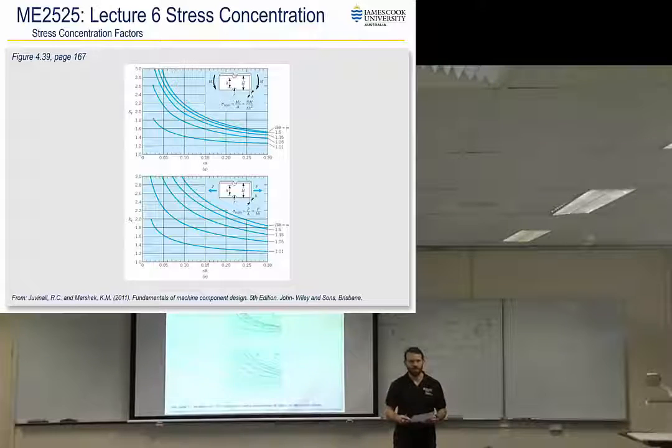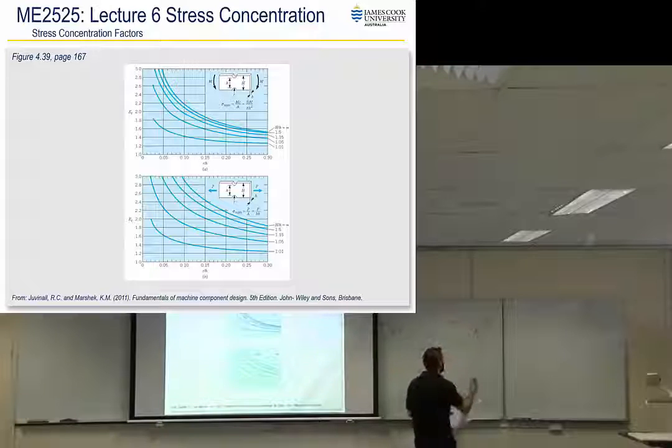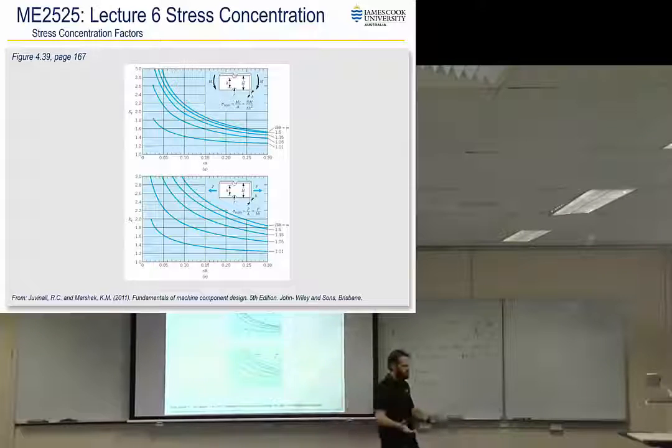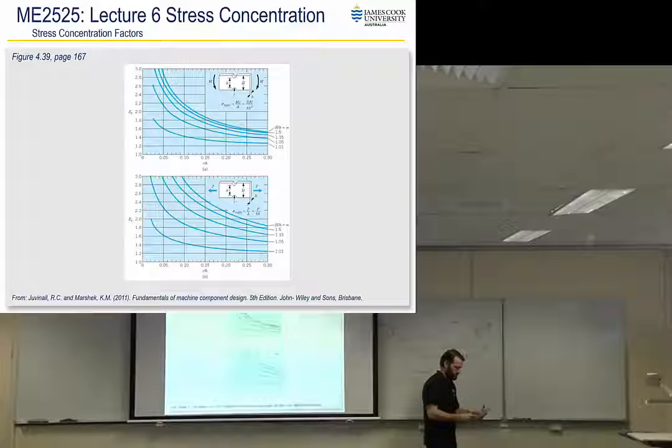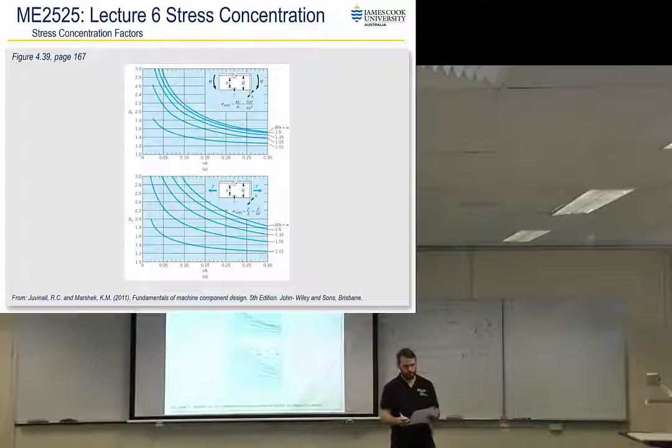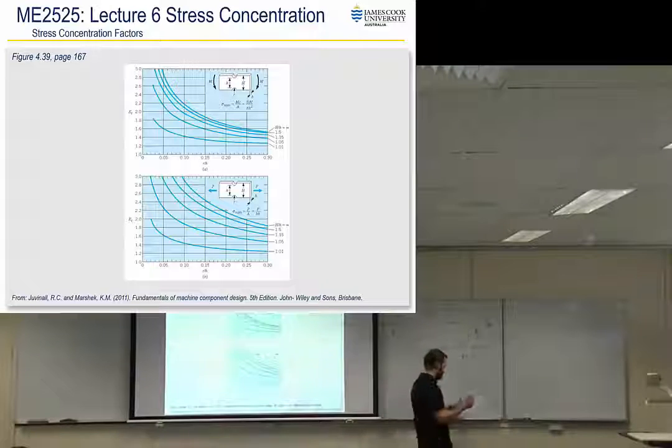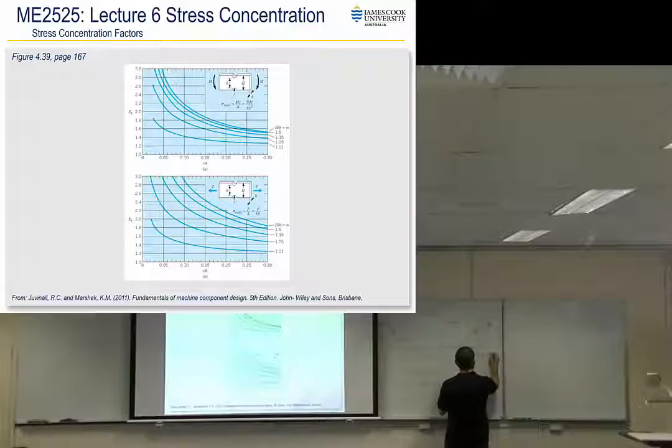Alright, has everyone got a value? What's my H on h ratio? 1.25. There you go.